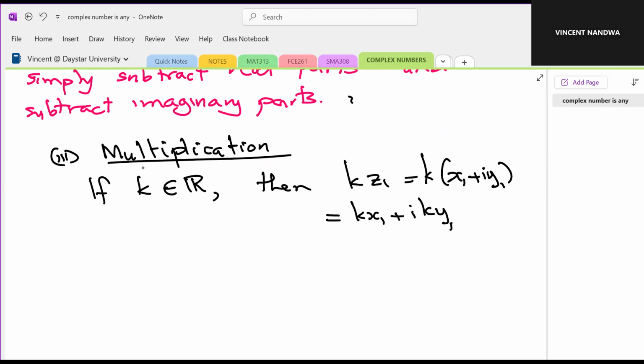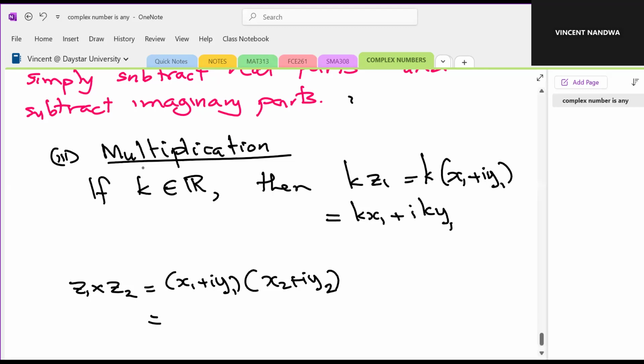And then if you have to multiply Z1 and Z2, then we'll have X1 plus iY1 times X2 plus iY2. Now this is just like a product of two algebraic expressions.